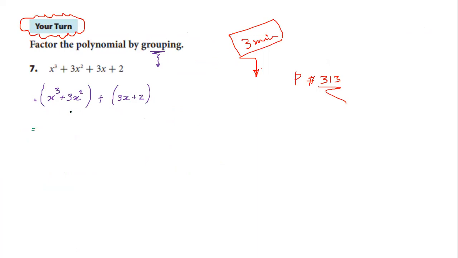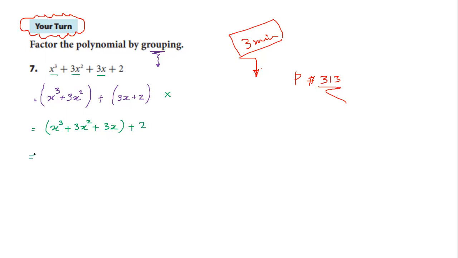So from the first three terms, I'm going to take x cubed plus 3x squared plus 3x in only one parentheses, and then plus this 2.